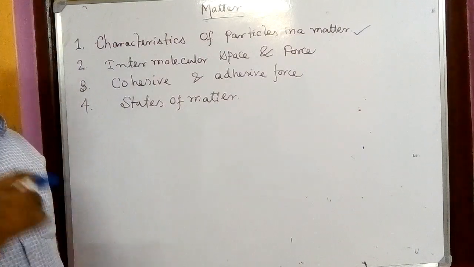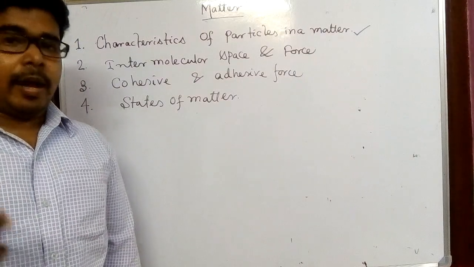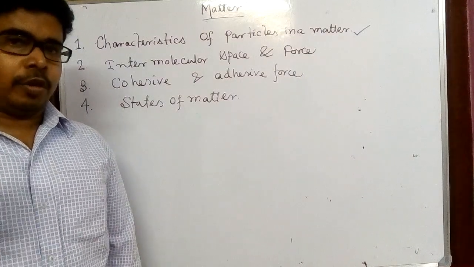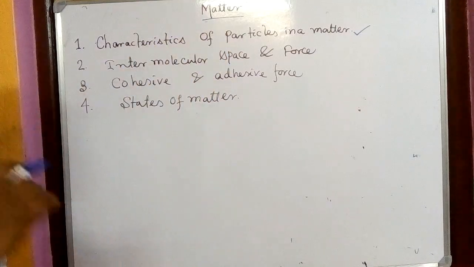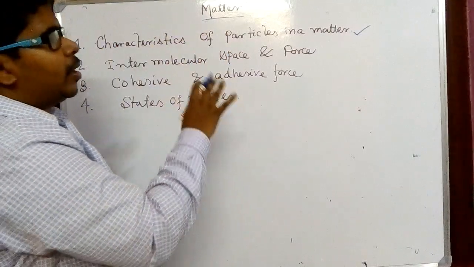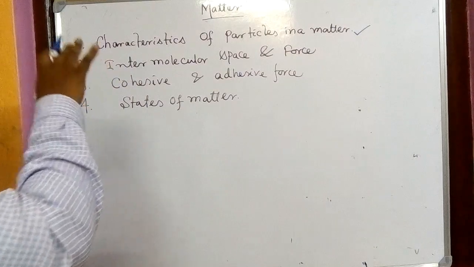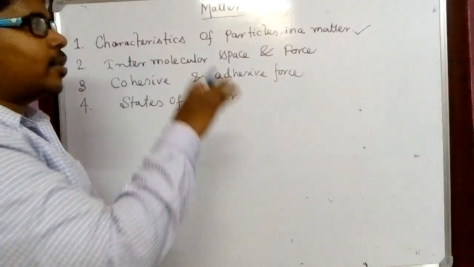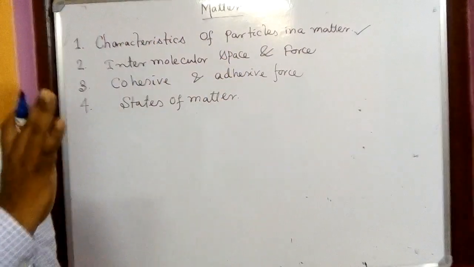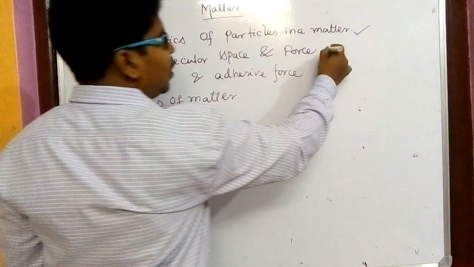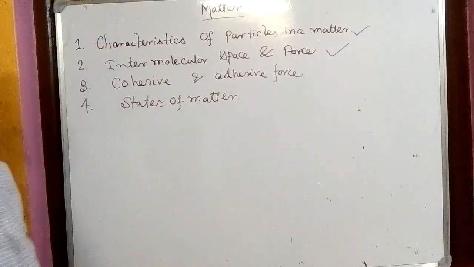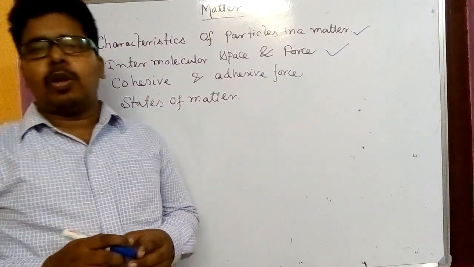And number four, they are having a strong attraction force. These are the four characteristics, and in the previous video we have explained with examples how the characteristics are experienced here.